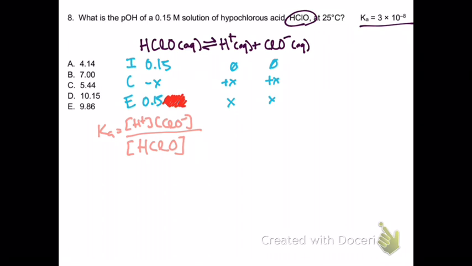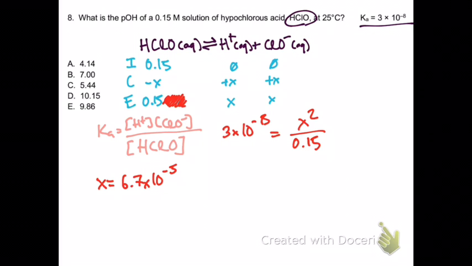So we're going to plug everything in. 3 times 10 to the negative 8th is equal to x times x, which is x squared, divided by 0.15. So we'll multiply both sides by 0.15 and take the square root, and we'll end up getting 6.7 times 10 to the negative 5th. Now remember, that represents the H+ concentration.